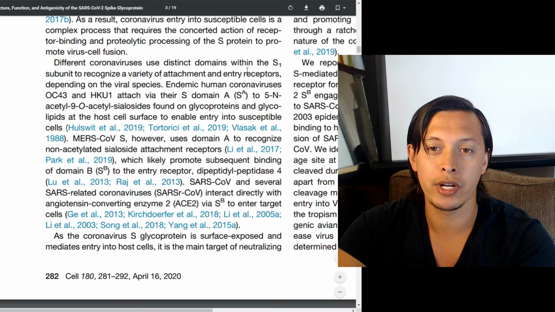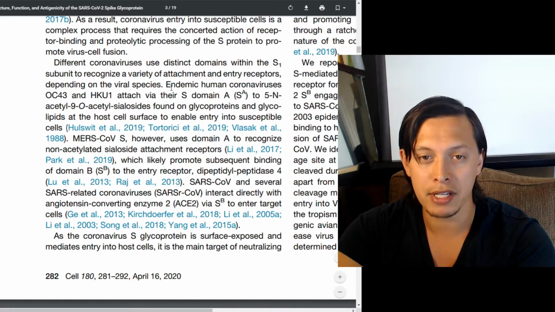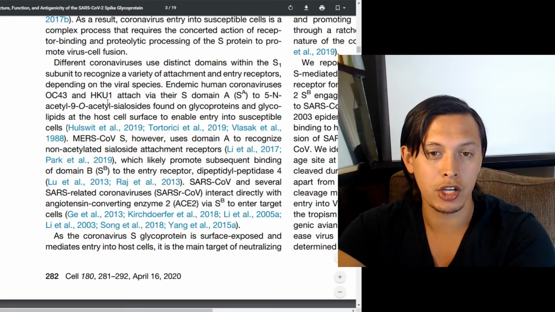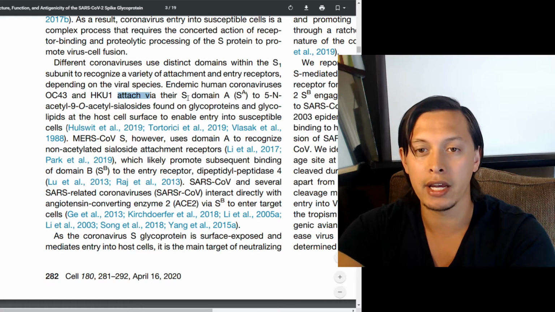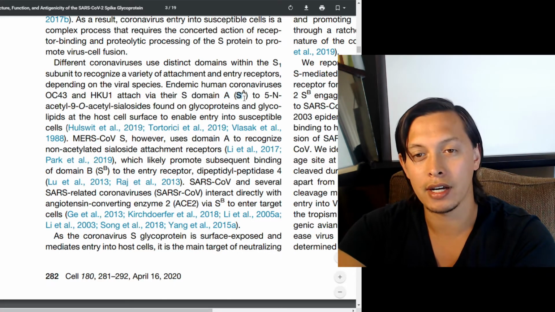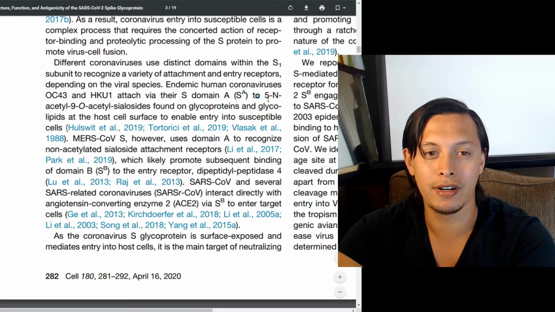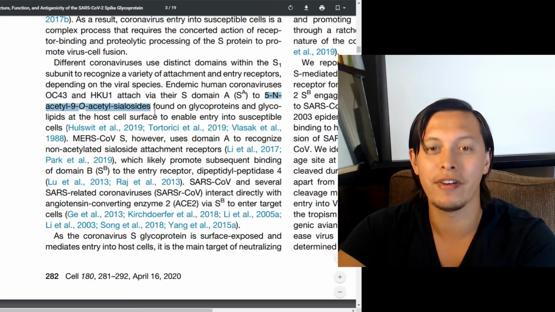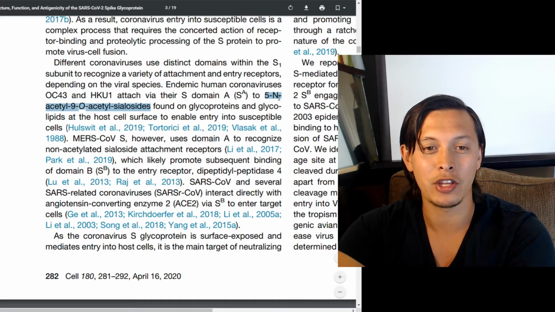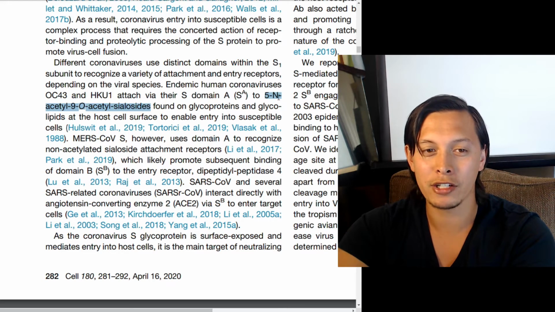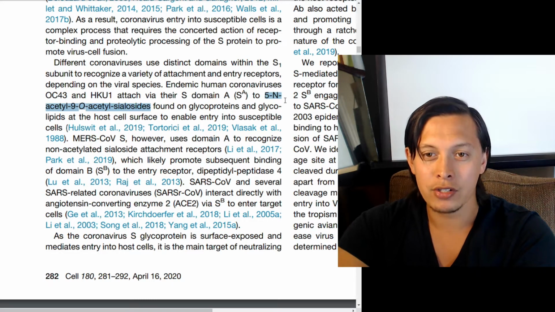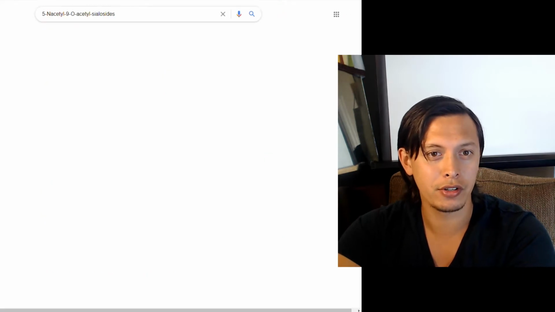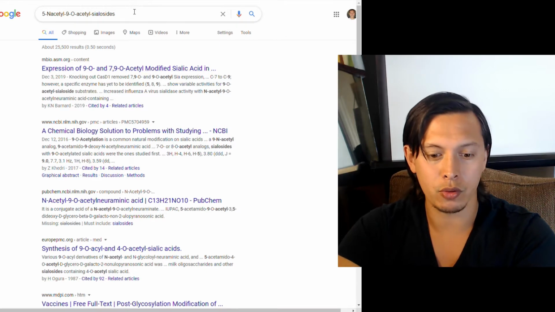So continuing, different coronaviruses use distinct domains within the S1 subunit to recognize a variety of attachment and entry receptors, depending on the viral species. So endemic human coronaviruses, OC43 and HKU, attach through their S domain A, so S sub A, to the 5-N-acetyl-9-O-acetyl sialic acids found on glycoproteins and glycolipids at the host cell interface to enable entry into susceptible cells. So the best way to describe this is I'll just do a Google search for y'all. So let's do Wikipedia.